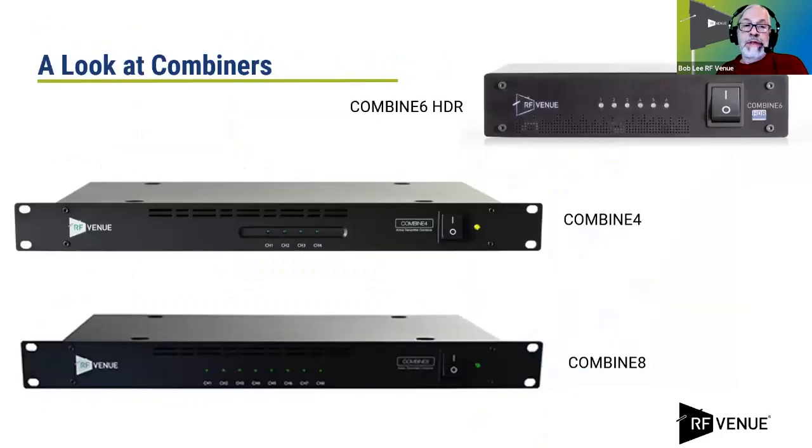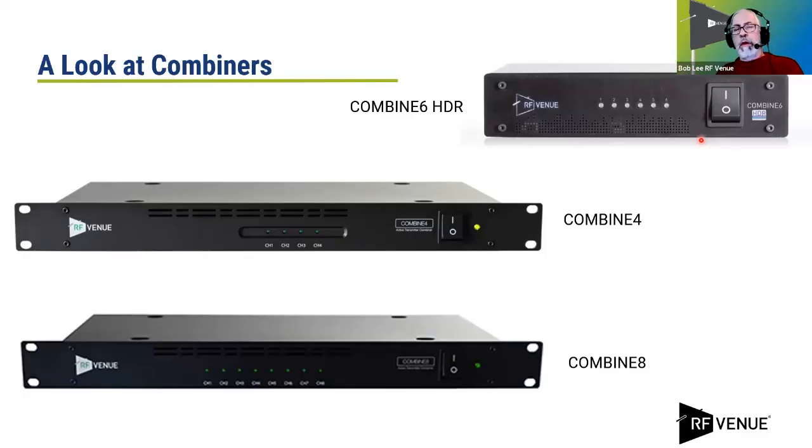Let's move on now to combiners. So you have the Combine 6 HDR. That came out last year at Infocomm alongside the Distro 5 HDR. So those are both half rack space units. They come with a short rack here and a long rack here, along with a combining plate.